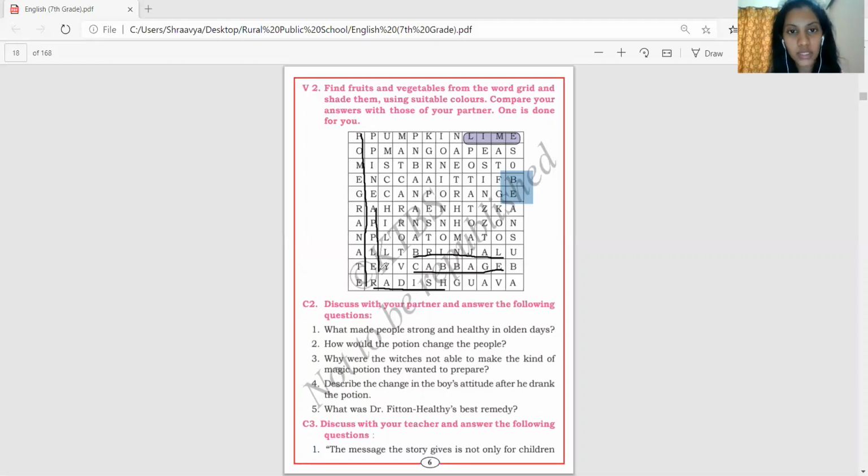Up to down also there are many words. Then there is carrot, banana. What else is there? Okay, so I think that's all there is. If you've got more words than me, then very good. Let's go on to the next question.